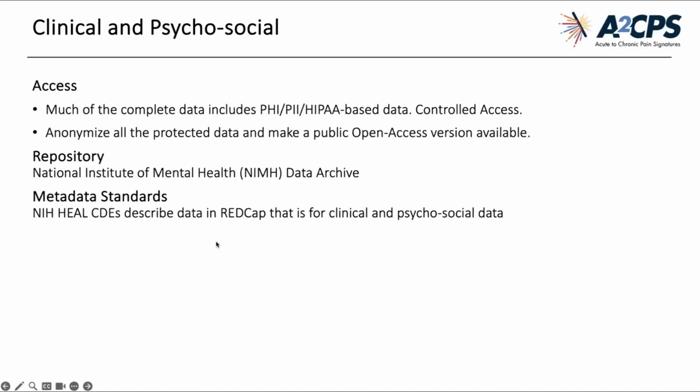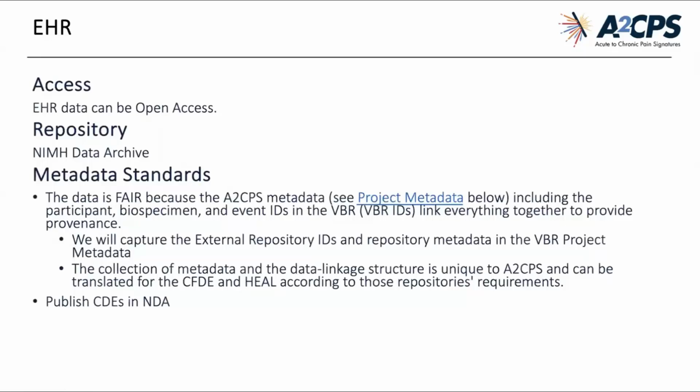Again, it goes to the NDA, and the metadata standards are the NIH HEAL common data elements. And then we have EHR data, which Seth is going to talk about. They can be open access, and we link all the data associated with a subject to the EHR data. The CDEs for the EHR data are going to be in the NDA.